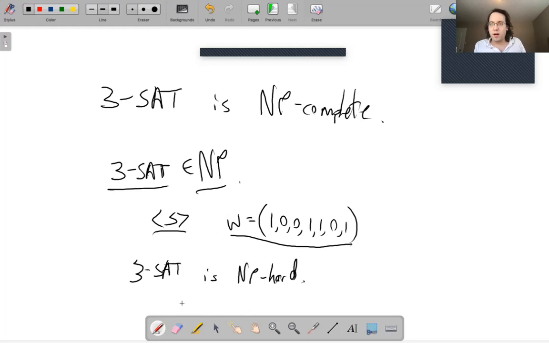This is a bit harder to show. Note that to show they're NP hard, it actually suffices to show that A reduces to 3SAT. Why? Because A is the language from earlier in the video.